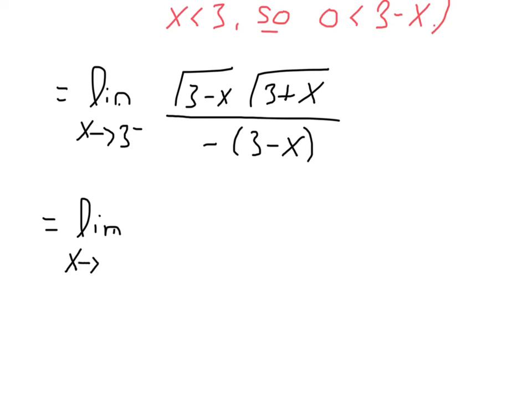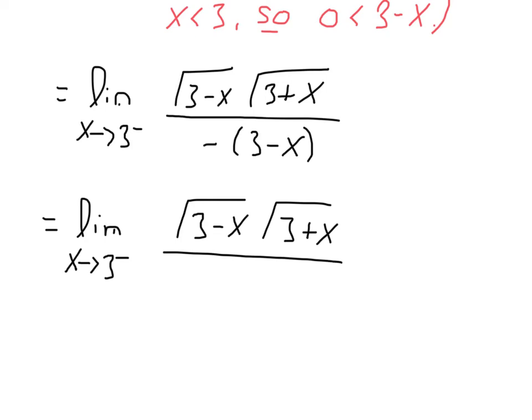So at this point, we can do some canceling by using laws of exponents if I want to write this as 3 minus x to the 1/2. Or I can do what I'm going to do. I can write this, just rewriting the numerator again. I can rewrite this 3 minus x down here as the square root of 3 minus x.